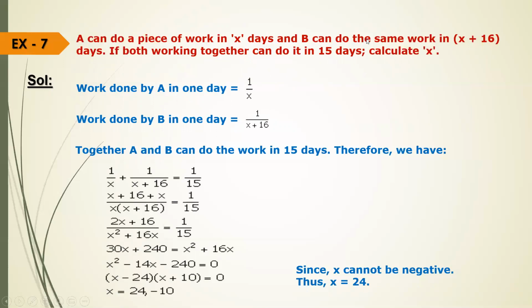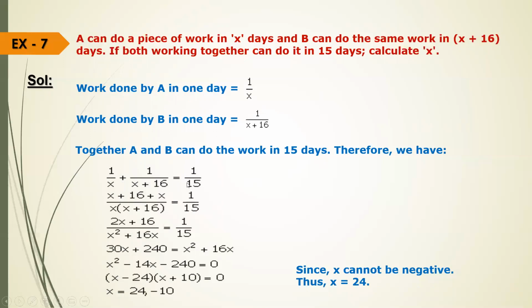If B can complete the work in x plus 16 days, B's 1 day work is 1 upon x plus 16. If together they can complete the work in 15 days, their together 1 day work will be 1 by 15. It means 1 day work of A plus 1 day work of B is equal to 1 day work of the total work done.